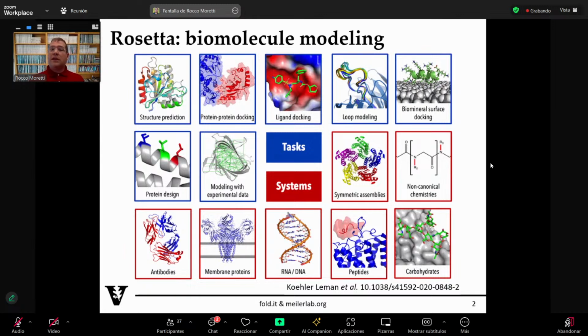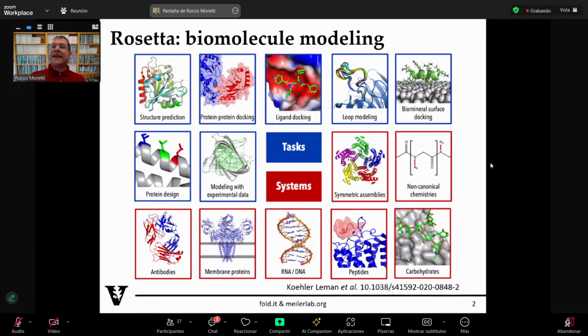But over the years and the 100 labs that are now working on it, it's been endowed with a bunch of additional tools. So it's not just a protein modeling tool. It allows you to model other biomolecular molecules such as RNA and DNA, carbohydrates, non-canonical amino acids. And specifically for our purposes, there's a ligand docking and ligand modeling component of Rosetta.